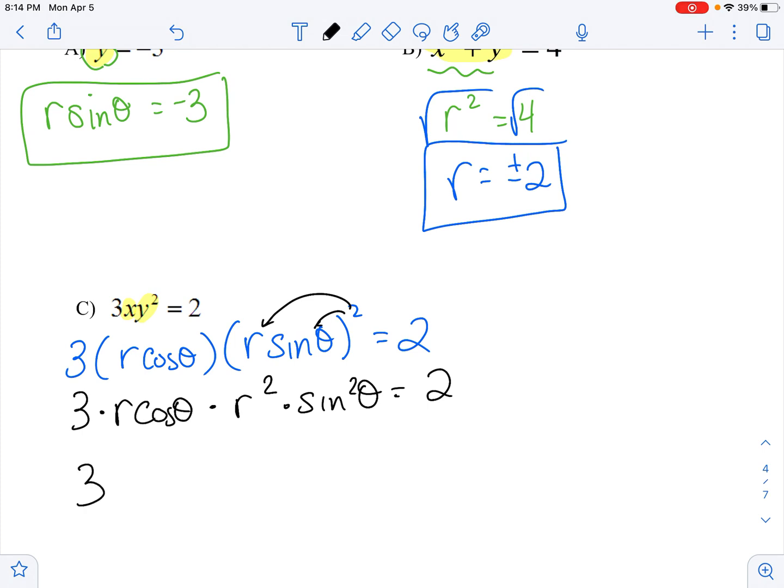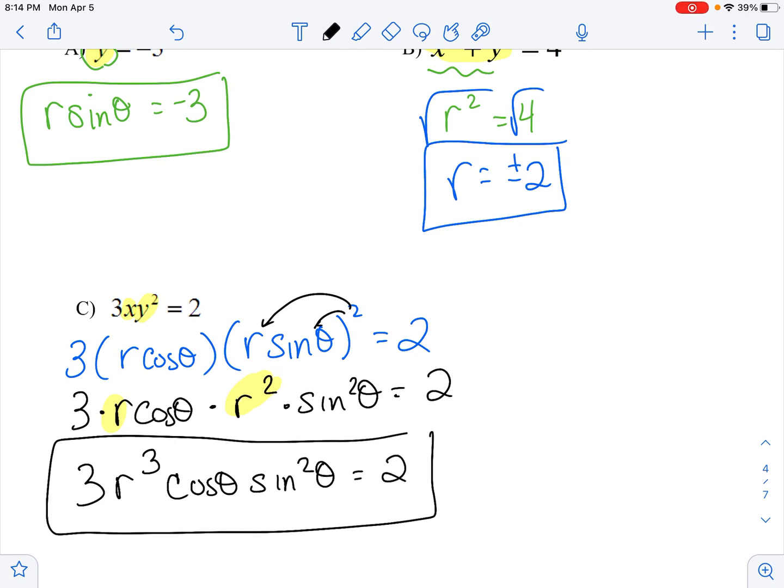If I simplify that, notice that we have an r here times an r squared over there. So that gives me 3r to the third, and then I've got a cosine theta and a sine squared theta, and that equals 2. So I've got the r's and the thetas on one side and the 2 on the other side. So that would be the same equation in polar form.